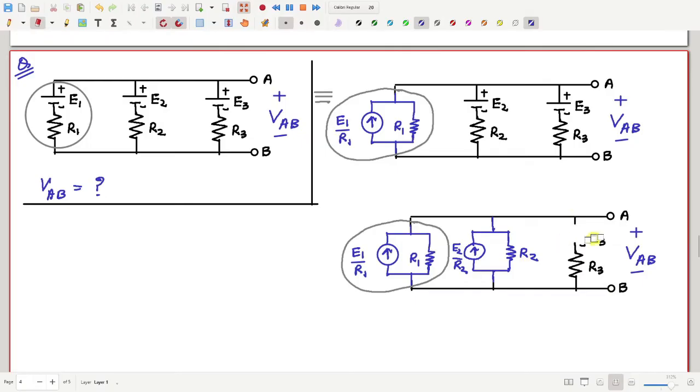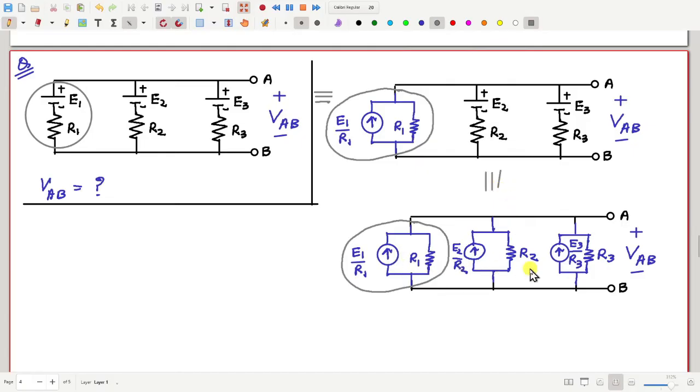Now, in the same way, even if I change this third branch with a current source in parallel with a resistance, if this is R3 and if this current is E3 by R3, then still the black portion is not changed. So VAB is still the same. So this circuit is still equivalent.